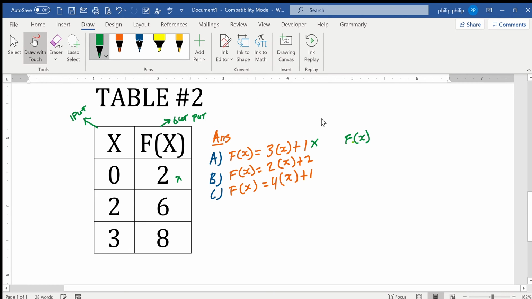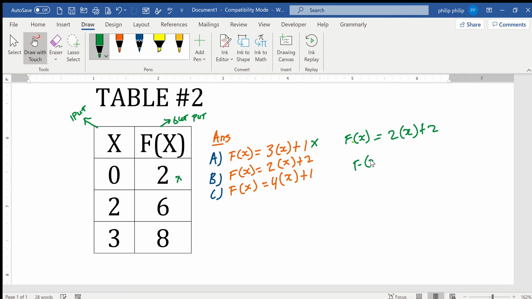Alright. Now our next function says f of x is equal to 2x plus 2. So now let's see what this brings out. Alright, so we have 2x. So what's our first input value here?